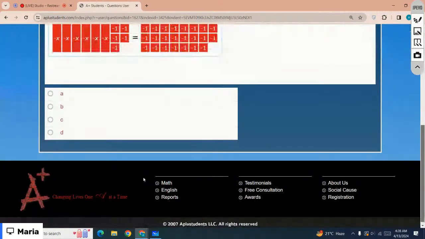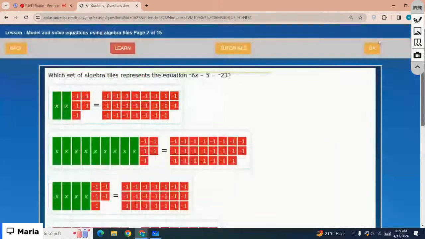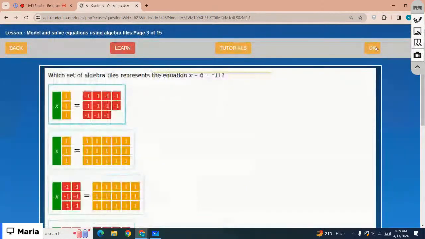You have to represent the negative x with negative red tile represents the negative tiles, right? And you have to mention their sign. Which set of algebra tile represents x minus 6 equals negative 11?